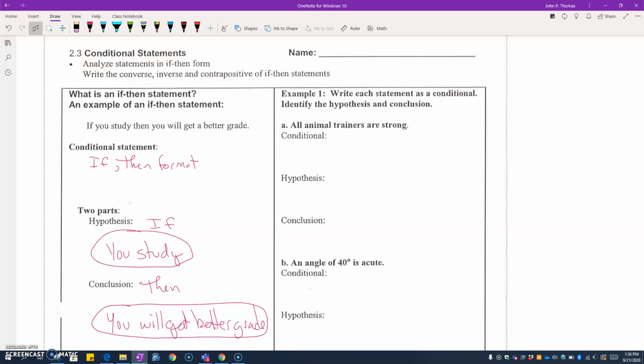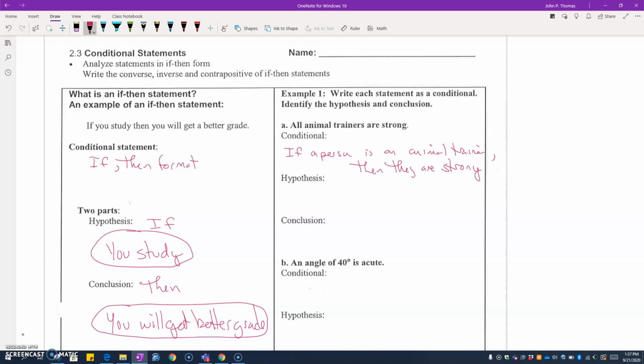So looking at the first example, it says, write each statement as conditionals, identify the hypothesis and conclusion. So this first one, it says, all animal trainers are strong. So the conditional would be, if a person is an animal trainer, comma, then they are strong.